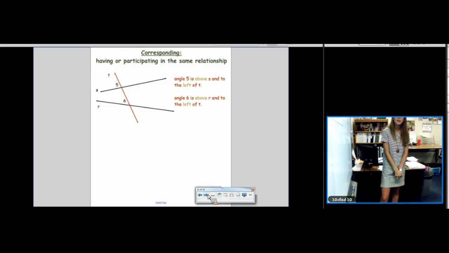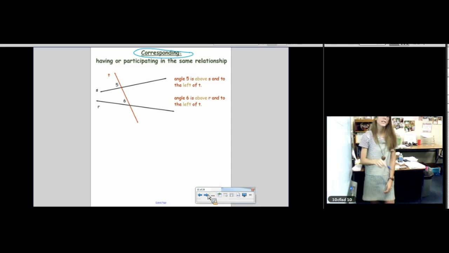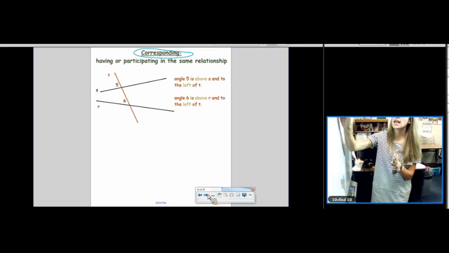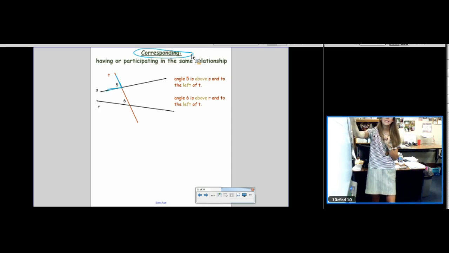Moving right along. This word doesn't really fit the same pattern as the other two. This word is called corresponding. Say that out loud. Corresponding. In the dictionary, it says corresponding means having or participating in the same relationship. So when I say that these are corresponding angles, where's 5? 5 is above line S, and it's to the left of T. It's above and left.